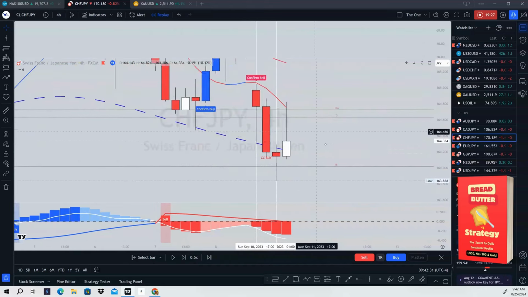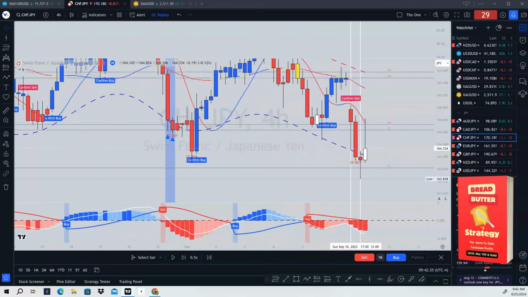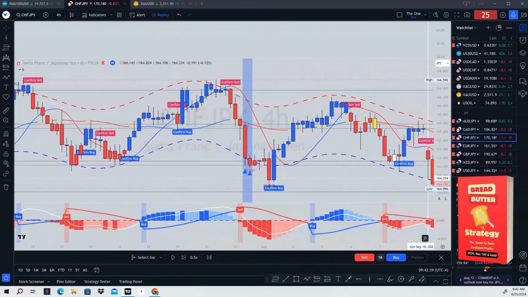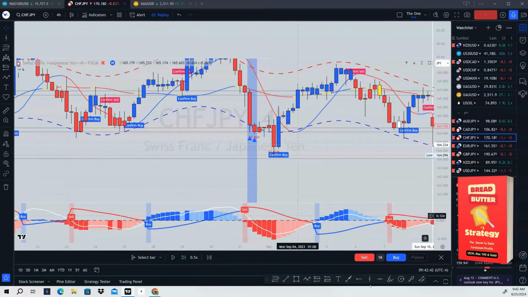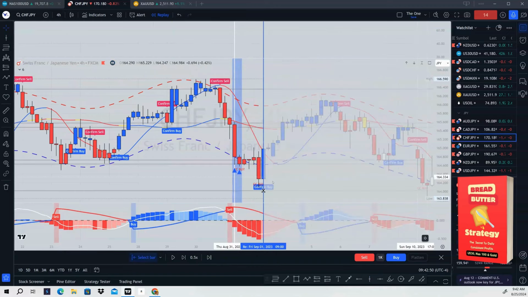Okay, now let's take a look here on this 4 hour, right? On this 4 hour time frame, we have a high probability spike here. Now if we go to the 1 hour time frame, as a matter of fact, let me select this and just go here just to show you.